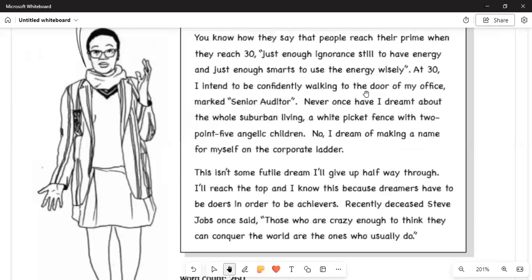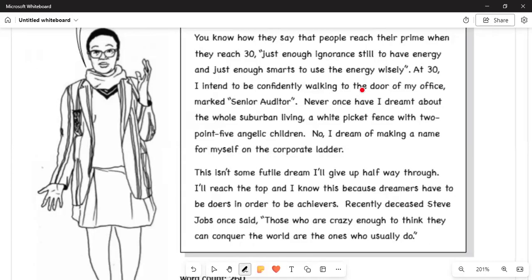And then if we are moving on, you know how they say that people reach their prime when they are 30, just enough ignorance still to have the energy and just enough smarts to use the energy wisely. At 30, I intend to be confidently a senior auditor.